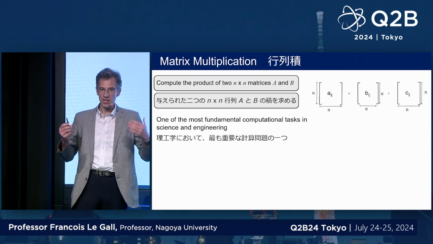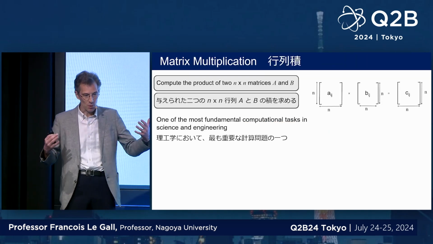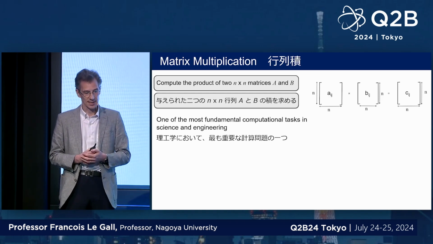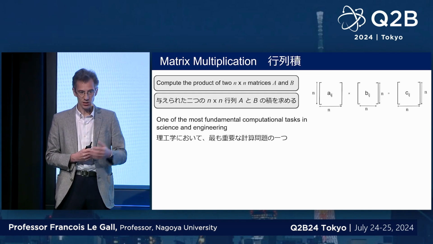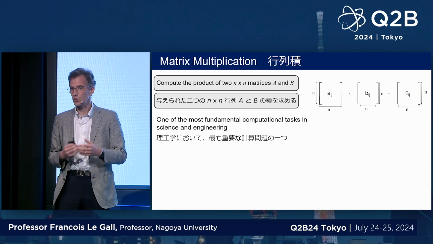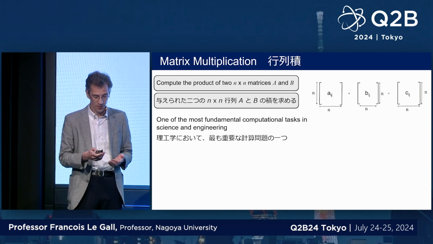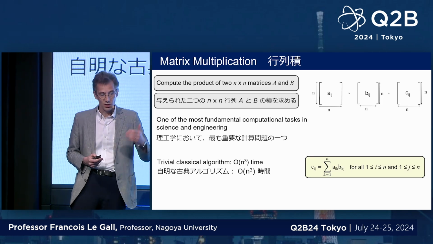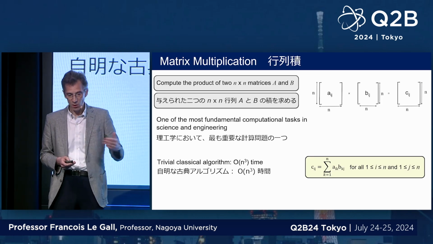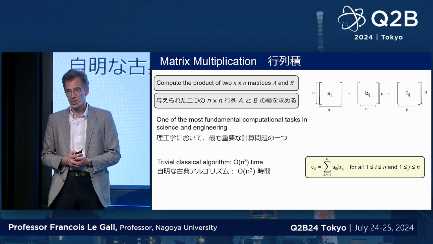Matrix multiplication is really one of the most fundamental computational tasks in science and engineering. The basic setting is I give you two n by n matrices, and I ask you to compute the product. The trivial algorithm simply uses the definition of matrix multiplication.